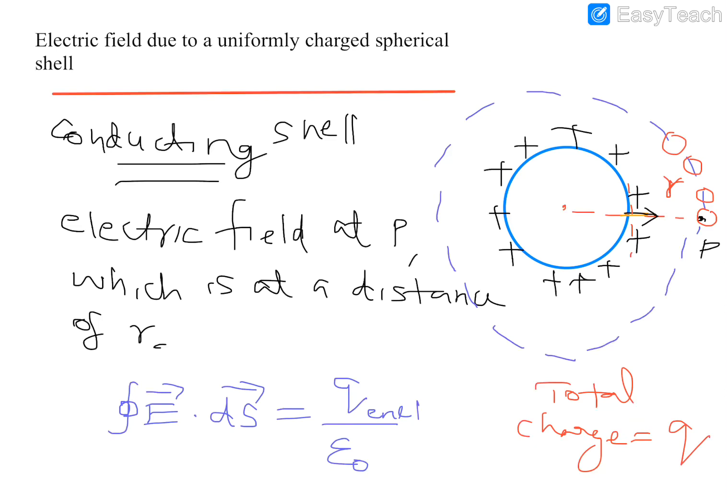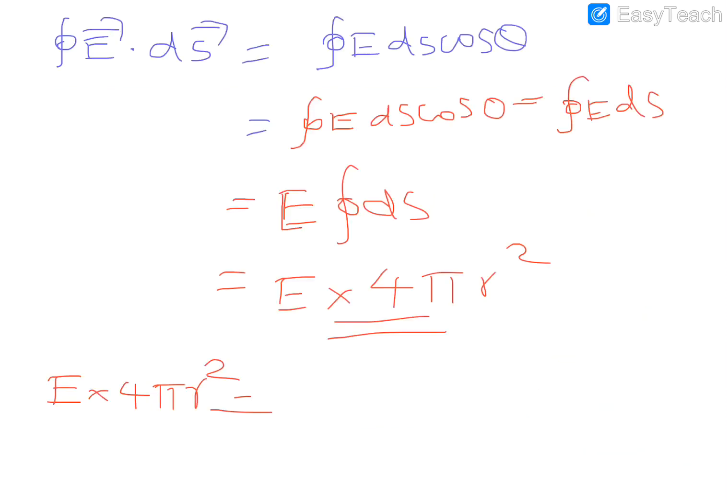All the charge q is inside your Gaussian surface, because the charges are on the surface of the spherical shell and your Gaussian surface is outside the spherical shell. You need to consider the charges inside the Gaussian surface. Here all the charges are inside your Gaussian surface, so the net charge is q. So q enclosed is nothing but q by epsilon 0.